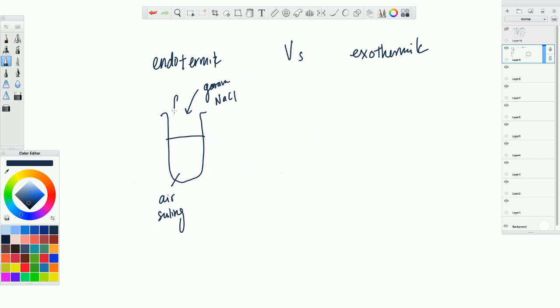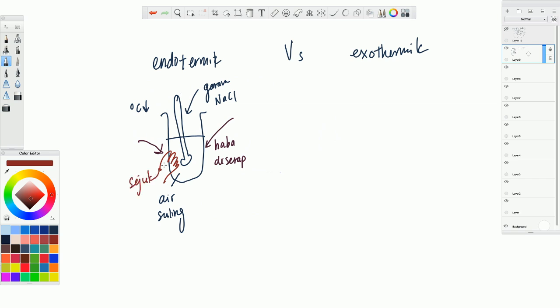Okey. Jika kamu letakkan termometer, suhu akan menurun. Ini disebabkan haba diserap. Sekiranya kamu letak tangan di sini, tangan kamu akan rasa sejuk.